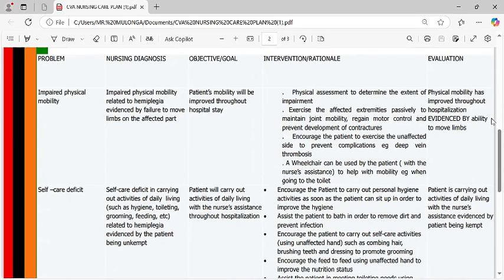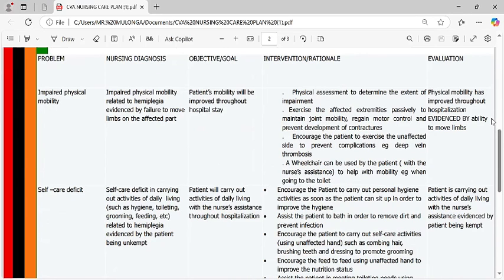And our last intervention is, I will provide a wheelchair for the patient to use to help with mobility. For example, when this patient wants to go to the toilet, or they just want to move about, it is important that we provide some form of assistance.